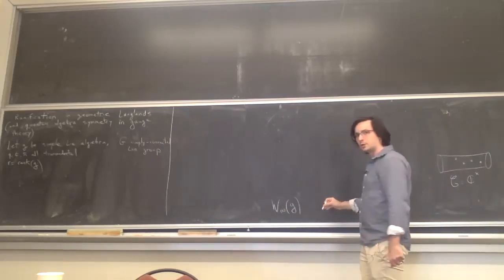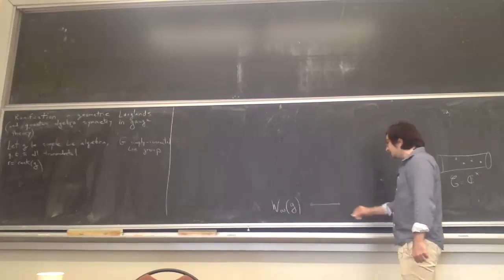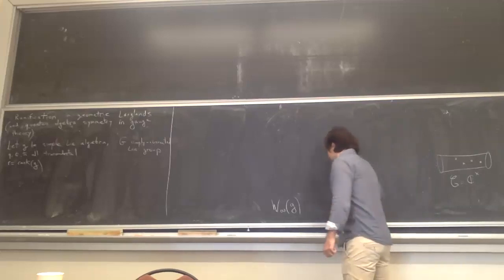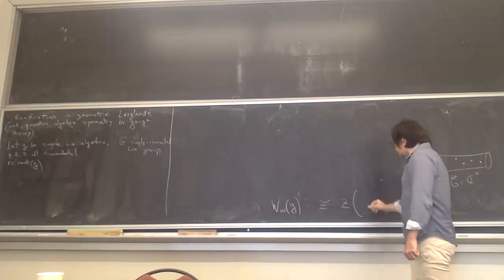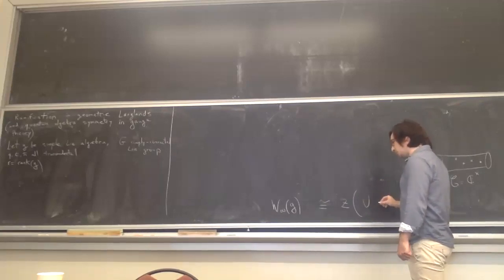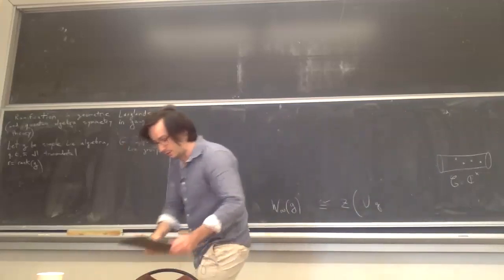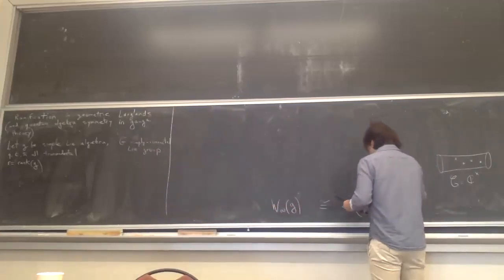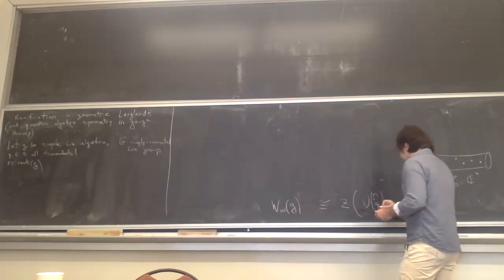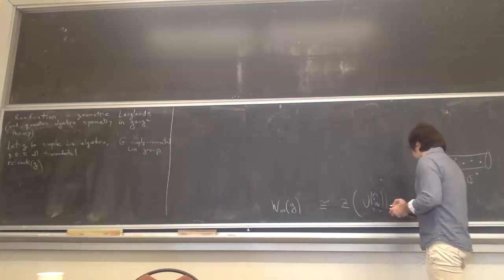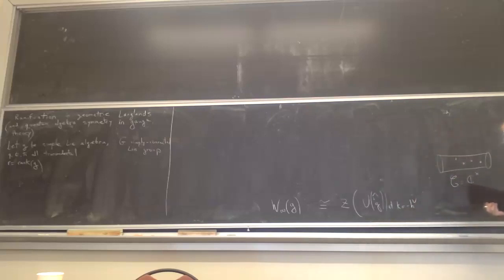And so the Feigin-Frenkel isomorphism was a very important result, which shows that this thing was isomorphic to the center of the universal enveloping algebra of G-hat at critical level, at level k equals minus the dual Coxeter number.